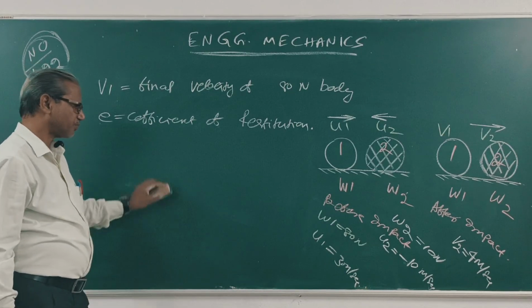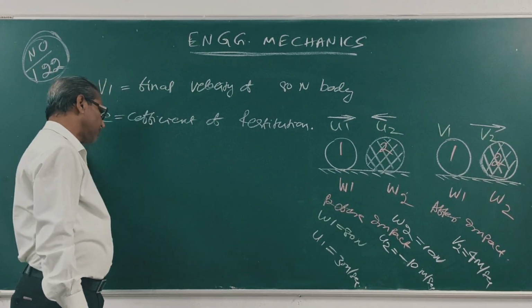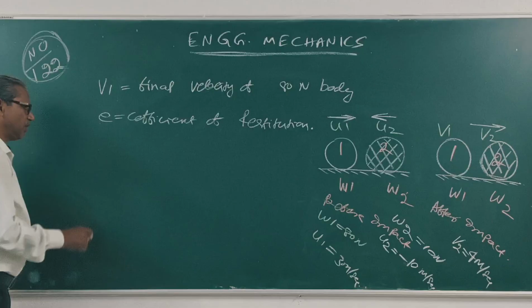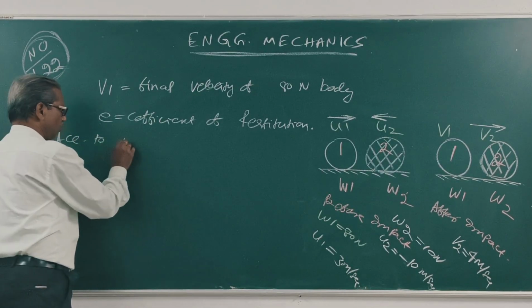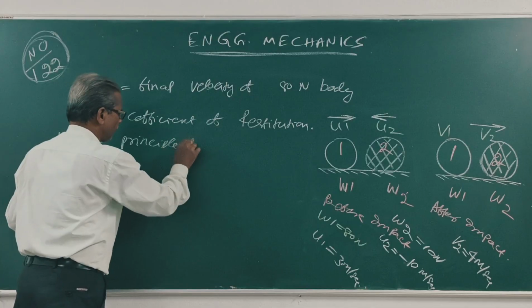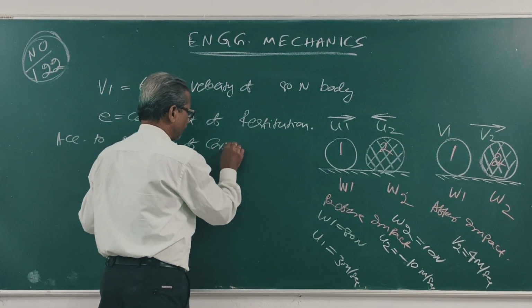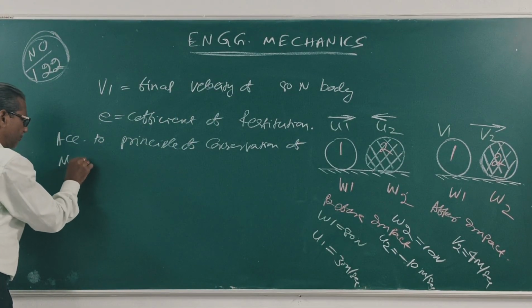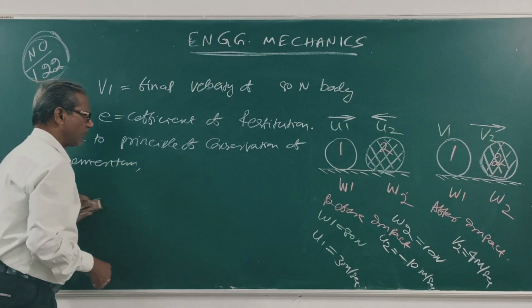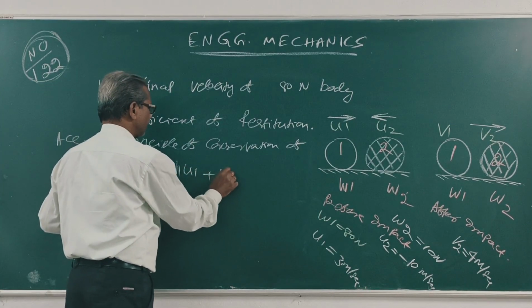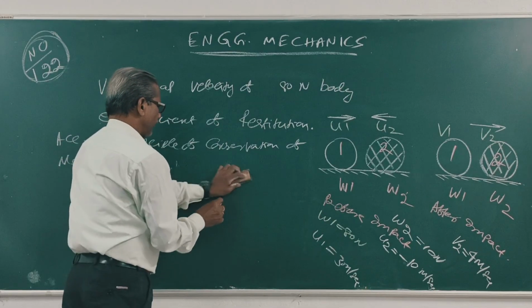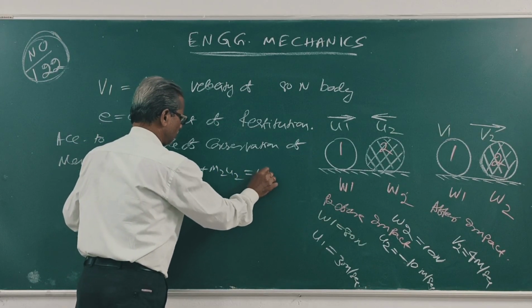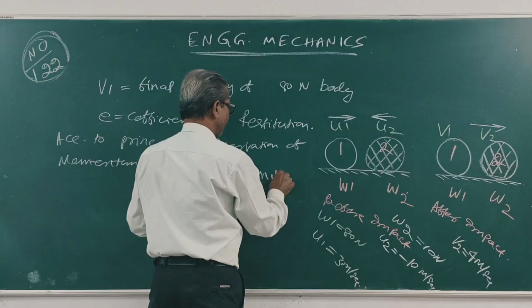Now, according to the principle of conservation of momentum, W1 U1 plus W2 U2, or M1 U1 plus M2 U2, is equal to M1 V1 plus M2 V2.